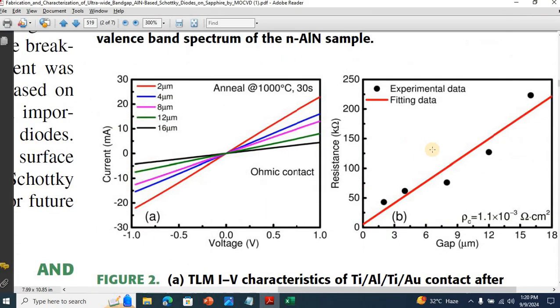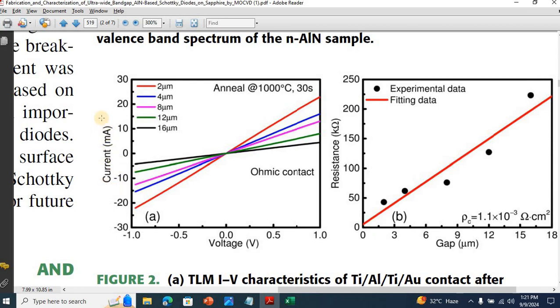Now the problem is that if you make contacts to aluminum nitride films, with the current technology available, it's not possible to achieve a sheet resistance which is that low. So the possibility is that I feel like this current is given in milliamps, and this resistance might actually be in kilo ohms as it is given over here. So I feel like there is a slight labeling mistake.